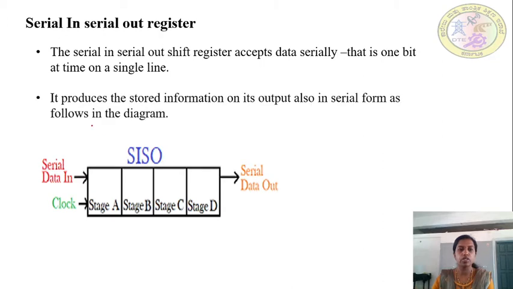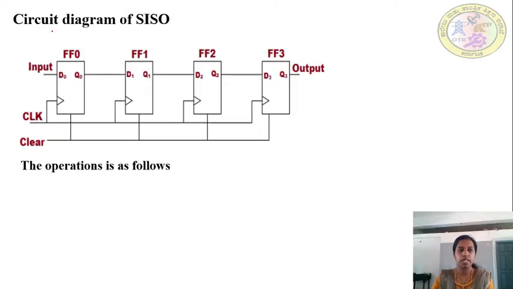It produces stored information on its output also in serial form, as shown in the diagram. Serial data in and a clock is applied for every stage. After every clock, the bit is shifted from one stage to the next stage and the output is taken in serial form.